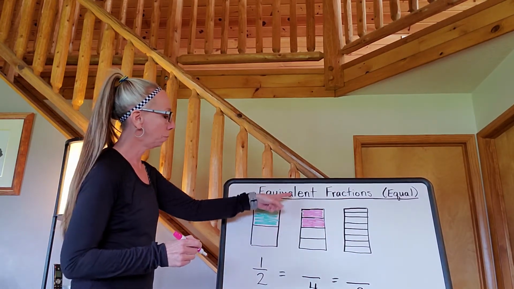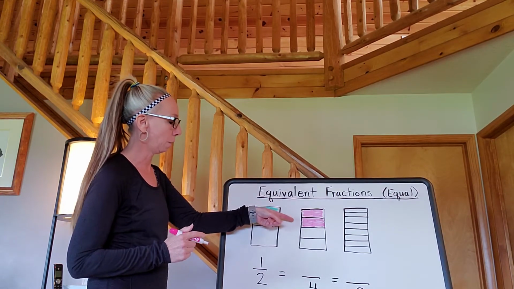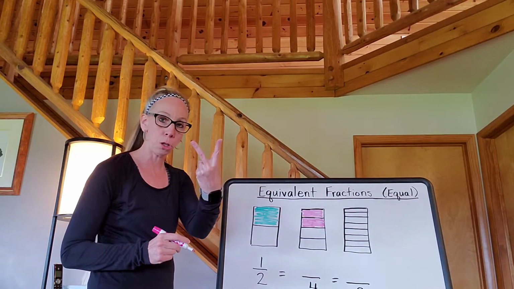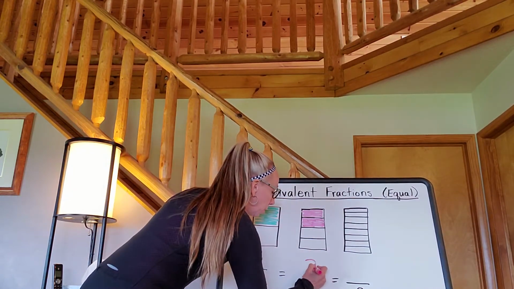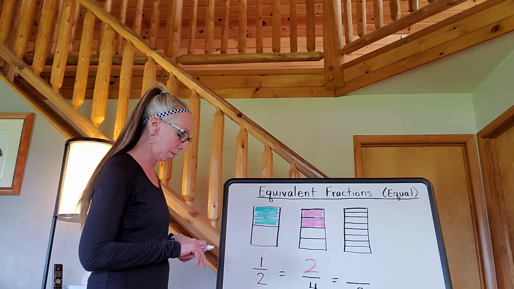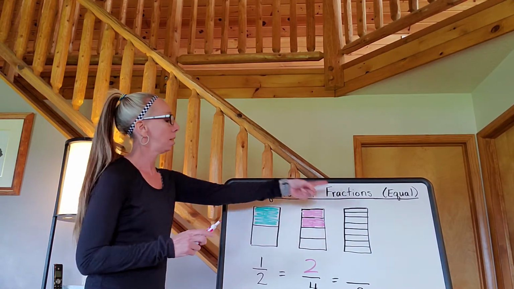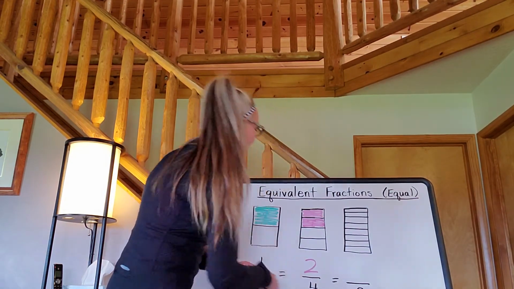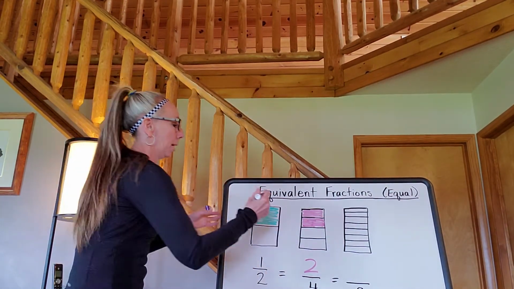So now, when we have the rectangle divided into 4 different pieces, how many pieces did we color? We colored 2. So our fraction would be 2/4. So 1/2 equals 2/4. Now let's look at this rectangle. It's divided into 8 pieces. So if we have 8 pieces, again, I'm going to kind of eyeball it.